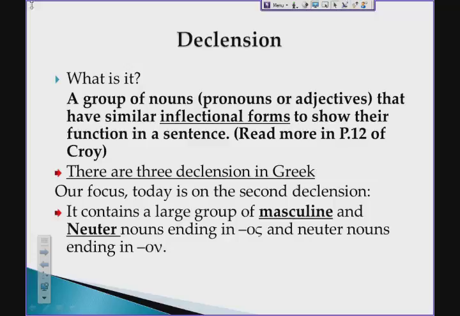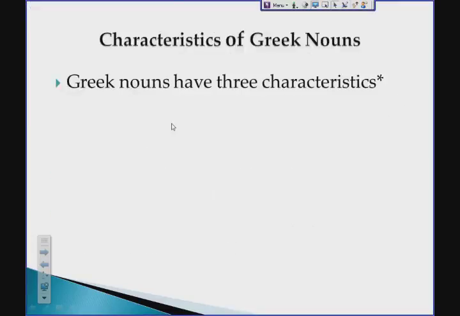So we are busy with the masculine and the neuter nouns, the os masculine endings and the on neuter endings. Most of today's class is just the repetition of what you had last week, but switch your focus now to masculine and neuter nouns.